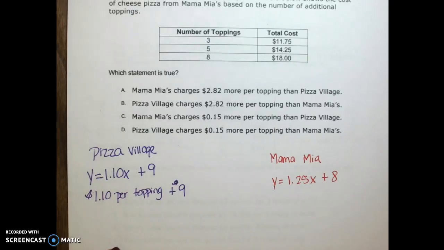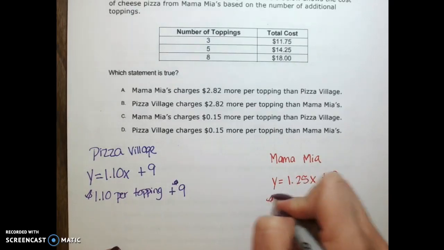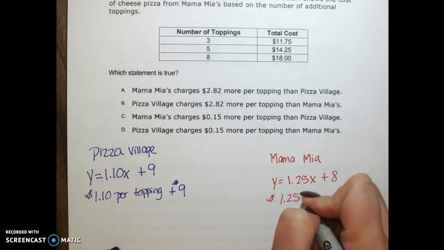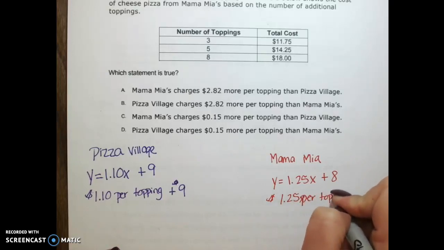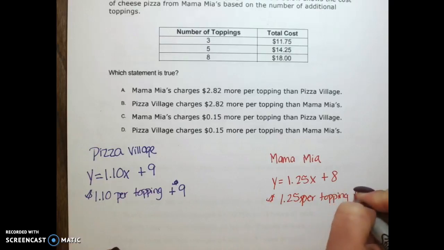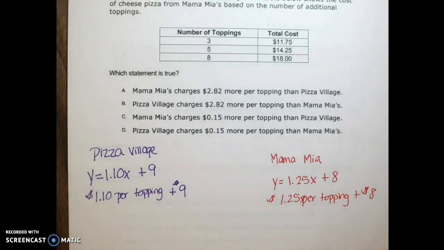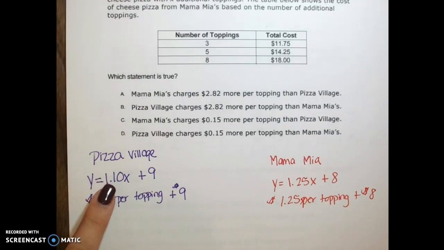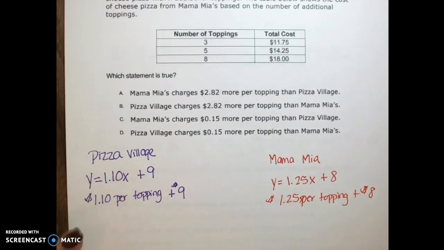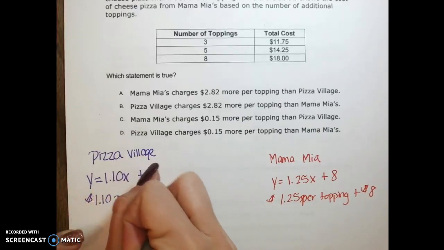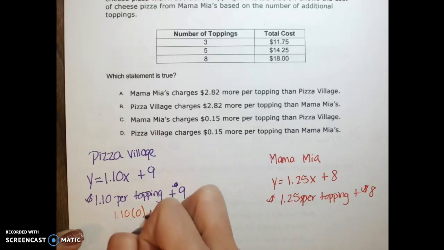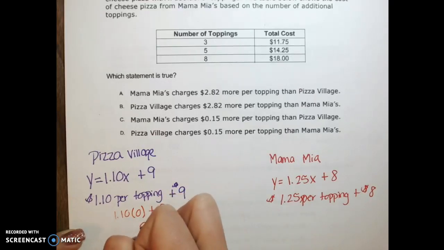And then Mamma Mia charges $1.25 per topping. Okay, plus the $8 if you wanted no toppings, just cheese. Okay, and I know that because if you do $1.10 times the 0 toppings, and add the 9 to it, you're going to be left with $9, because this is 0.